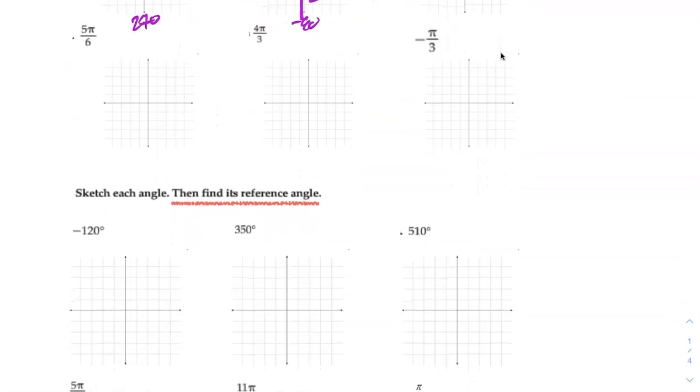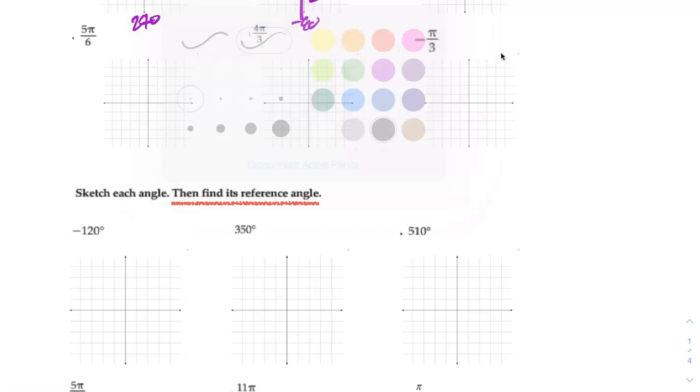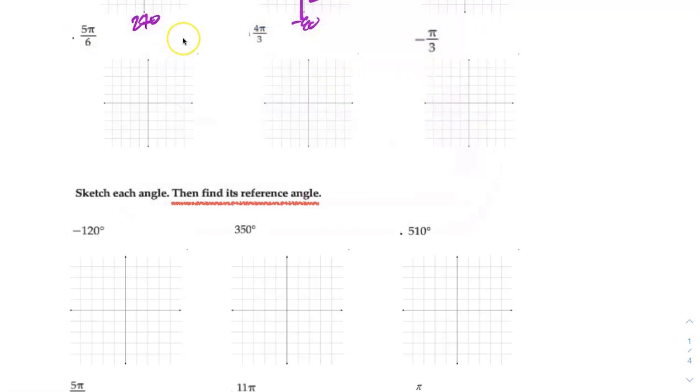Now we're in radian mode. Remember, my trick to this is start here at 0. This side is pi, this will be pi over 2, 3 pi over 2, and 2 pi. My trick is always the same: so that's 5 pi over 6, so we want to talk about all this in terms of 6.